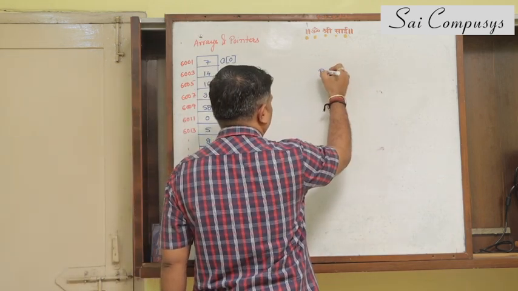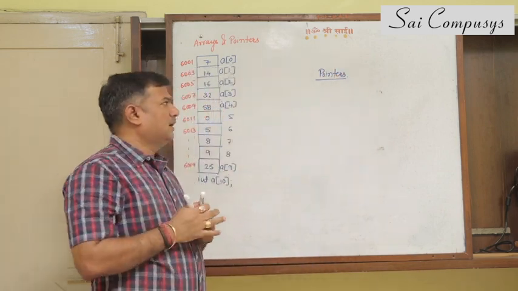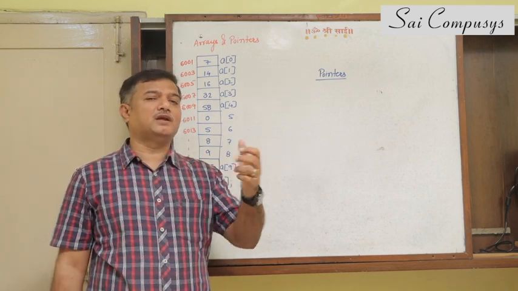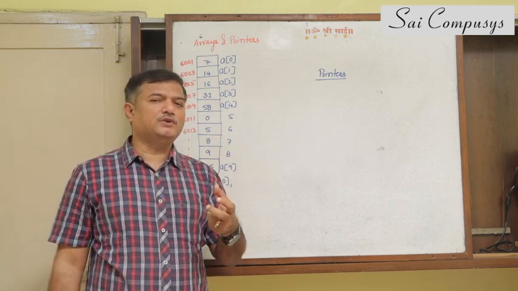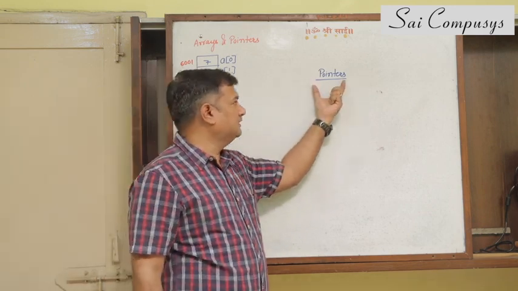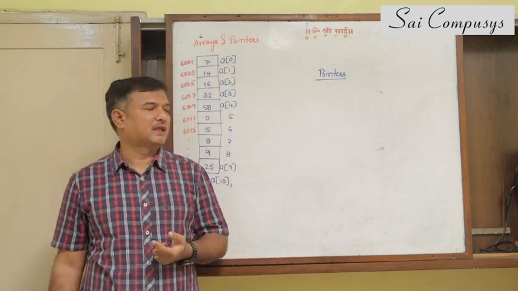Pointers, you know, are a special type of variable. A variable which instead of holding a value holds the address of another variable. Usually a variable is designed to hold a value, but as you know, a pointer variable instead of holding a value stores the address of another variable.